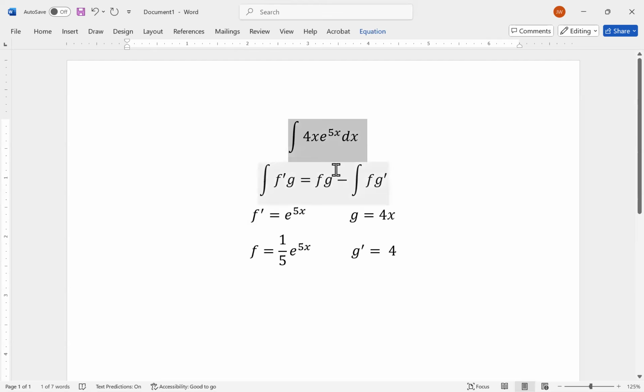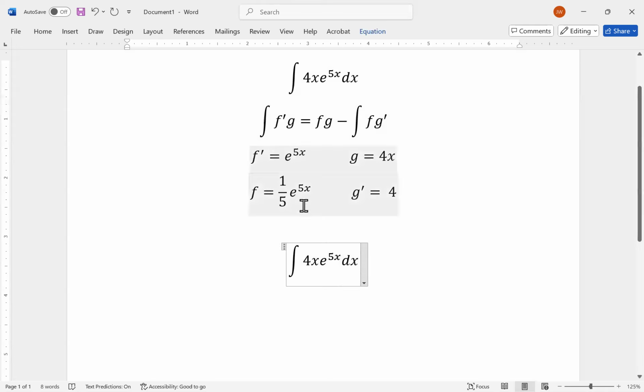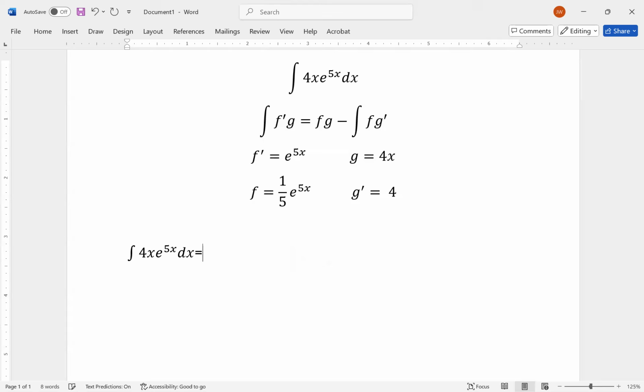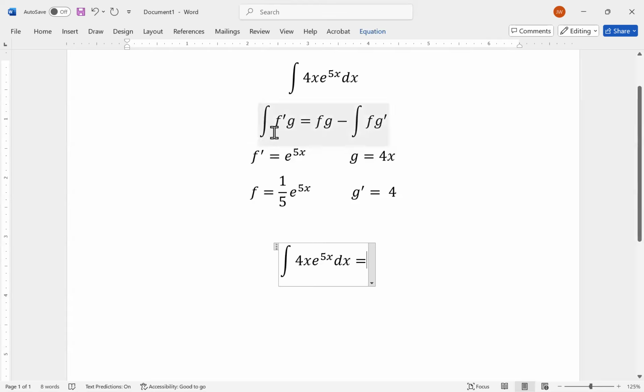So now we're ready to deal with our integration. This was the integration of f prime times g. I know by my integration by parts formula that the integration of f prime times g is equal to f times g. That's 1/5 e to the 5x times 4x.